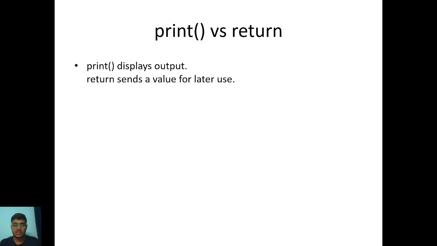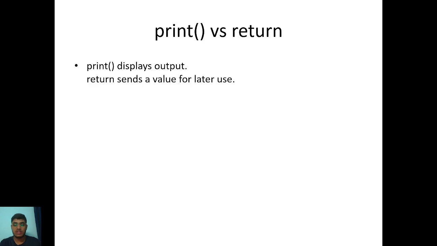There are some important key points. The return statement ends the function immediately. It sends a value back to the function call. The returned value can be stored in a variable.